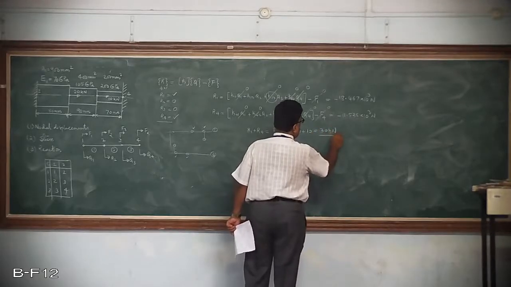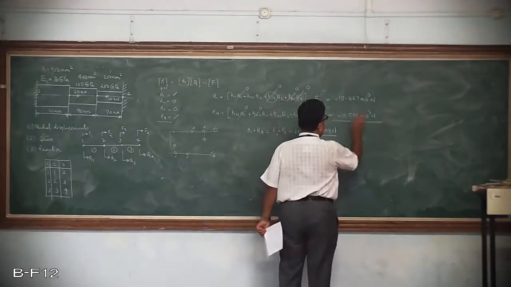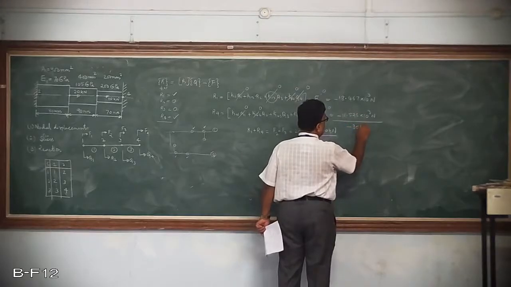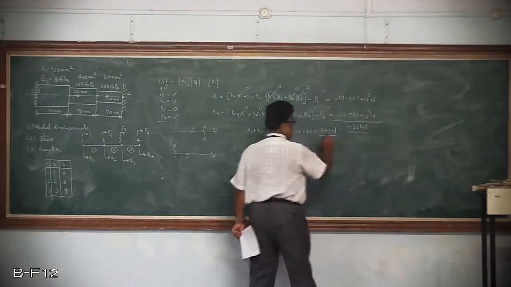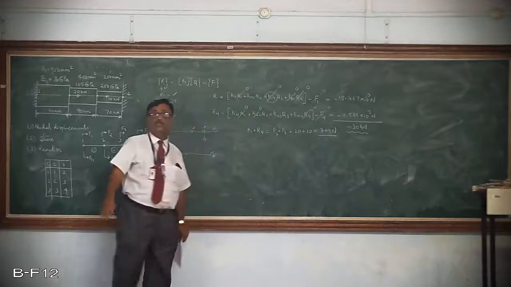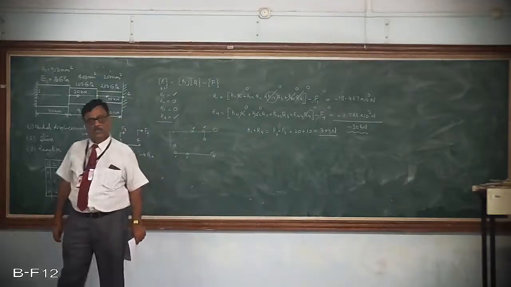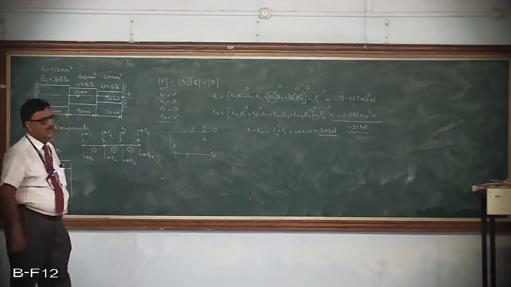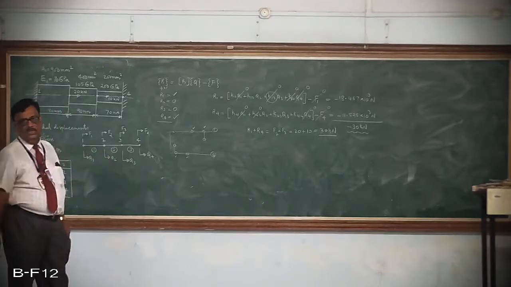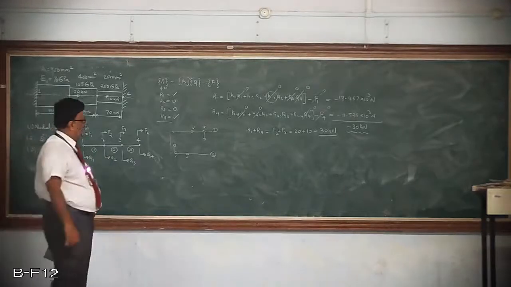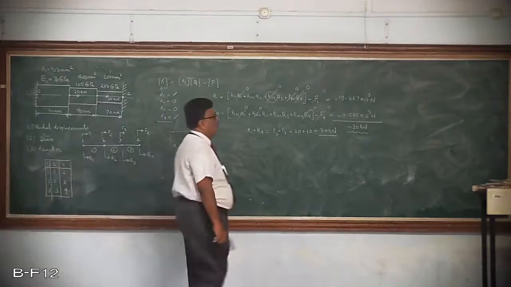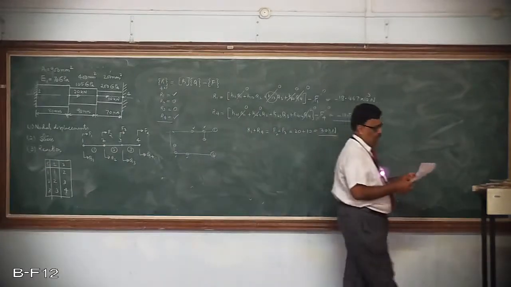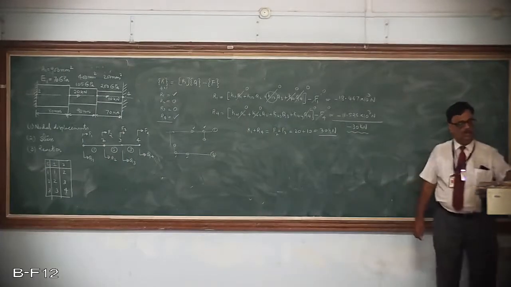So if you add these two, you are supposed to get minus 30 kilonewton only. This is going to be a cross check. If your calculations are perfectly okay, then automatically we will get all the reactions to be perfectly equal. So this is the problem of elimination approach. This is what you have to do.